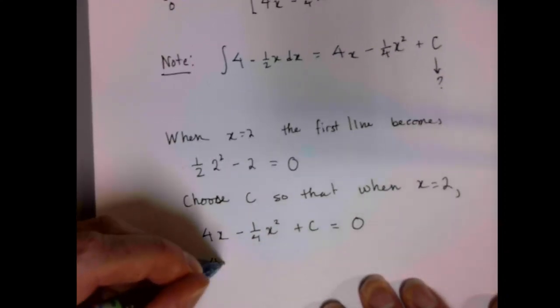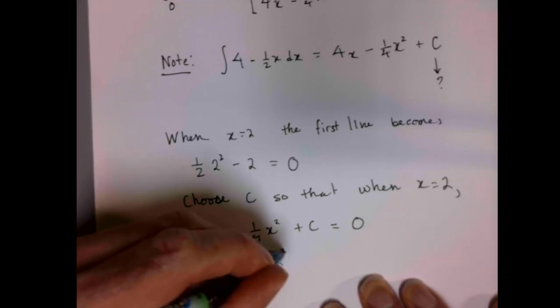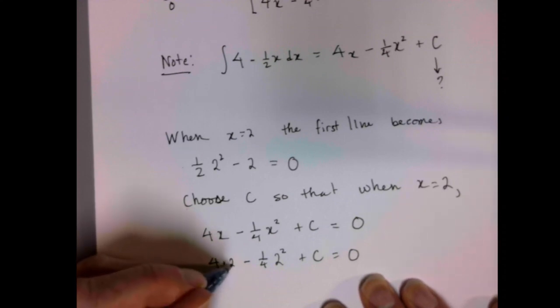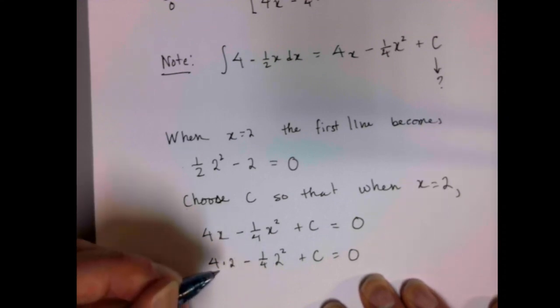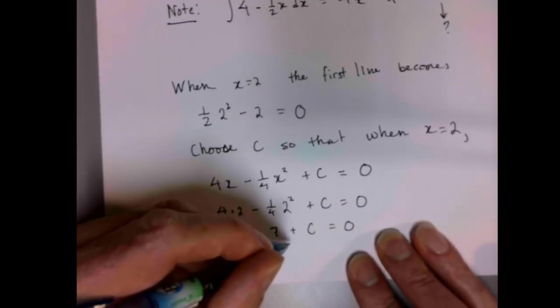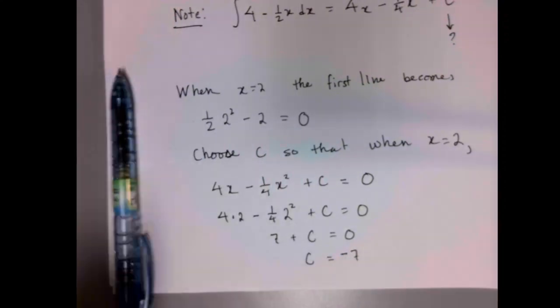The good news is this is an equation in one variable. I can solve it. So 4 times 2, that's 8, minus 1. This looks like it's 7 plus c equals 0. So I should use c equals minus 7.